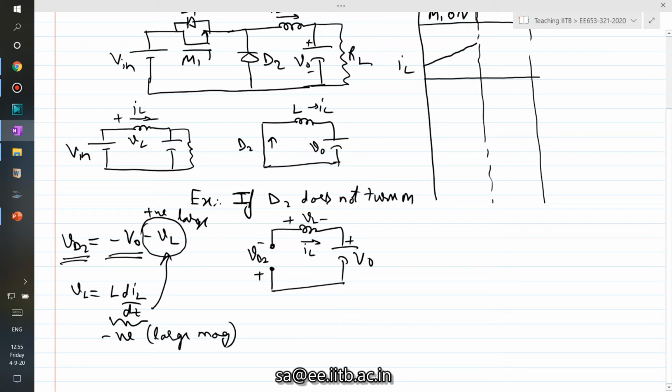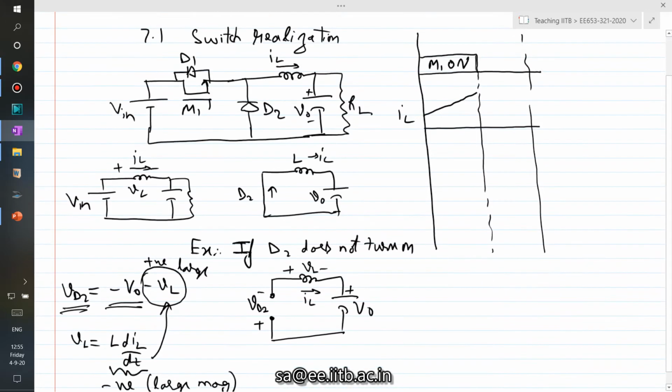Overall VD2 would be positive and very large, which would turn on the diode, because the anode potential is higher than the cathode potential. So you can look at it either way, whichever way you are more comfortable in justifying this operation.